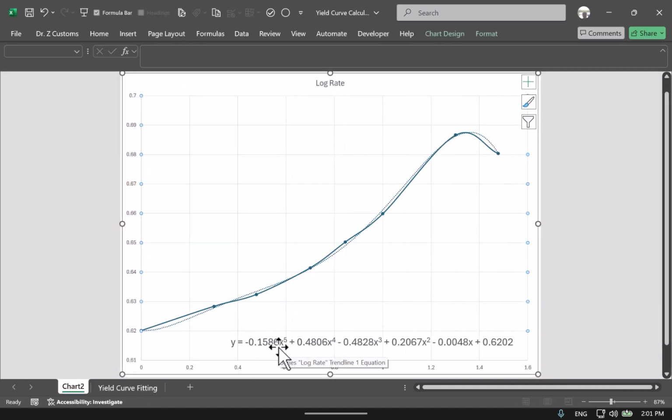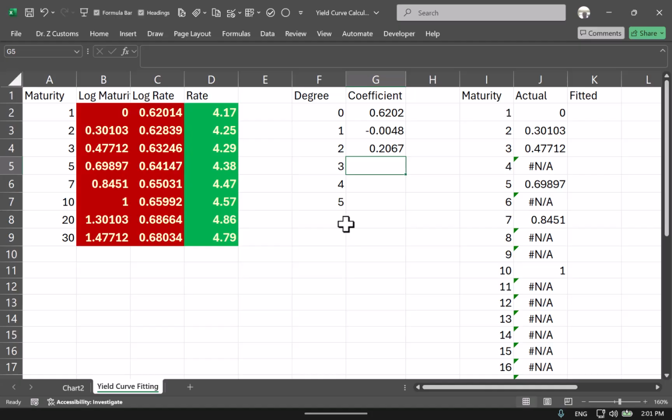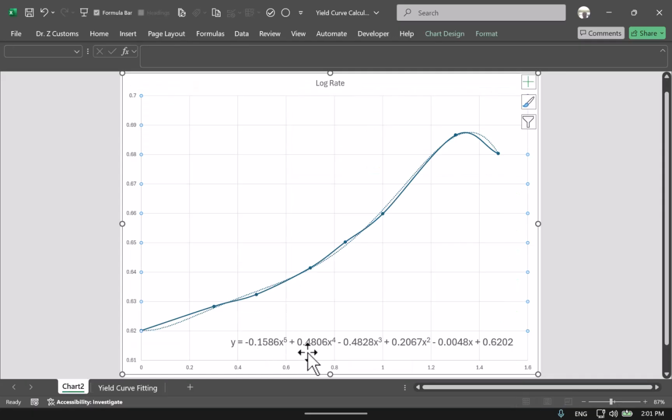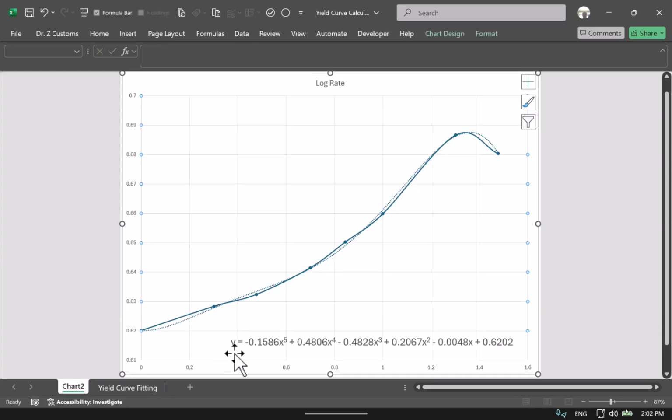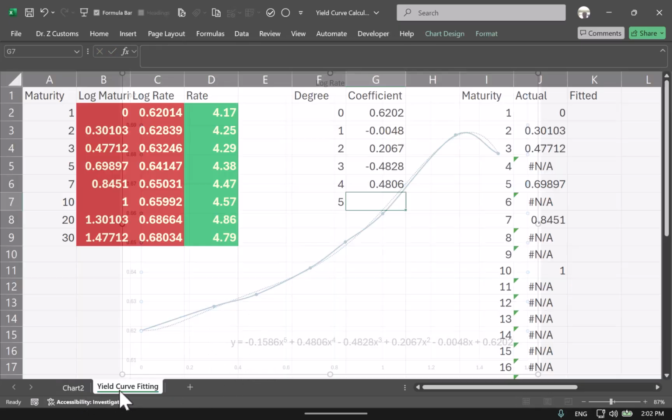Coefficient of x cubed is negative 4828. Positive 4806. And negative 0.1586.